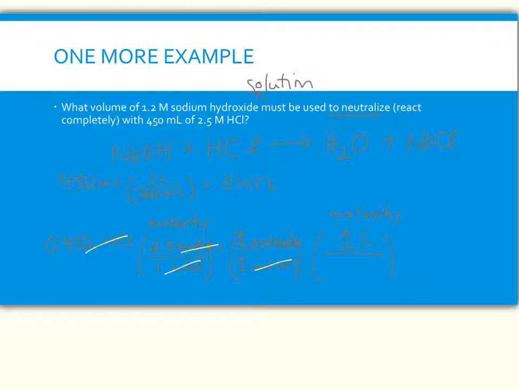Hopefully you are saying that the 1 liter of the NaOH goes on top, and then the concentration of that solution was 1.2 molar, so we're going to put 1.2 moles of NaOH on the bottom. Okay, that's going to cancel those out. Math-wise, we'll do the 0.45 times 2.5 divided by 1.2, which gives you 0.94 liters of our NaOH solution. Okay?